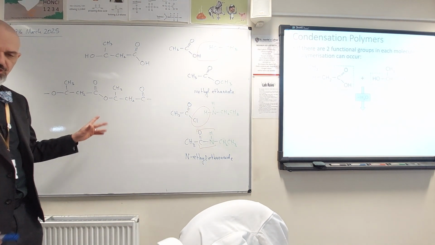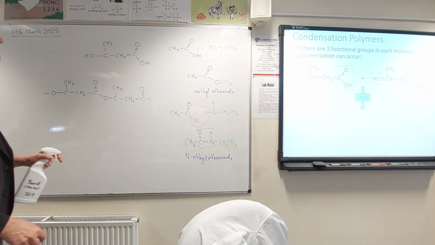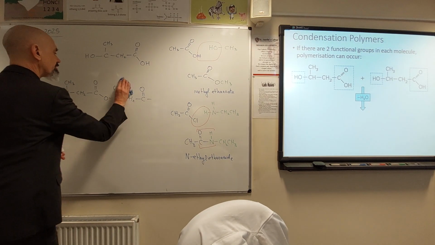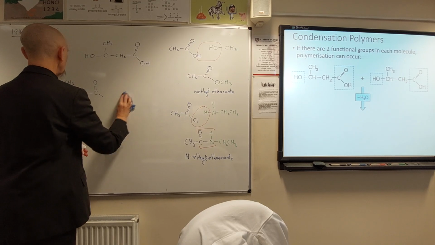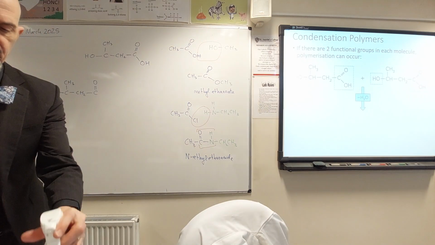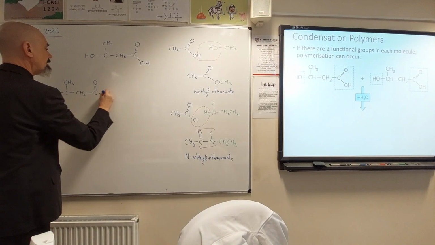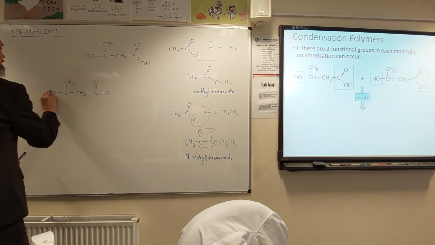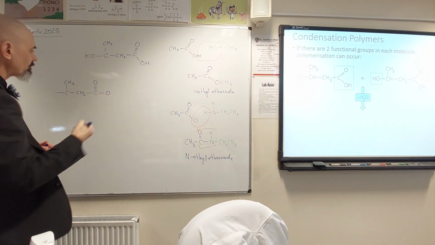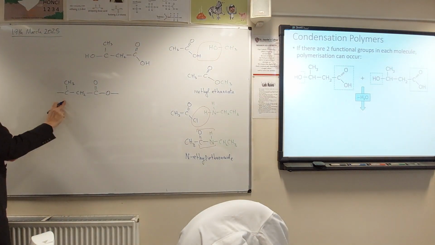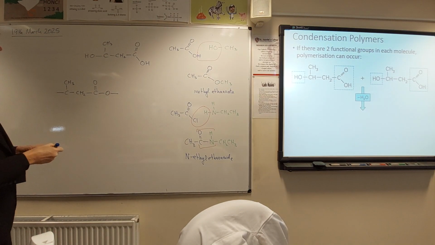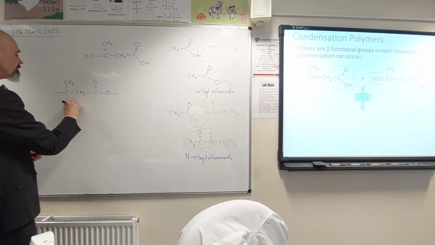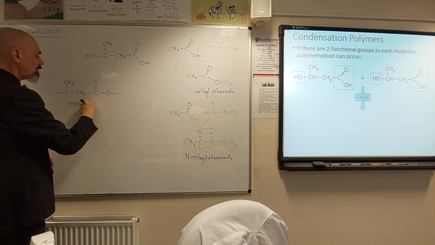So I've actually drawn 2 repeating units for that polymer there. So let's just rub out one of them so it's a little bit clearer, like that. So, sorry, that's wrong. I've got too many oxygens. Okay. So this oxygen would then bond to another of the molecule. So that will be our repeating unit for this polymer.